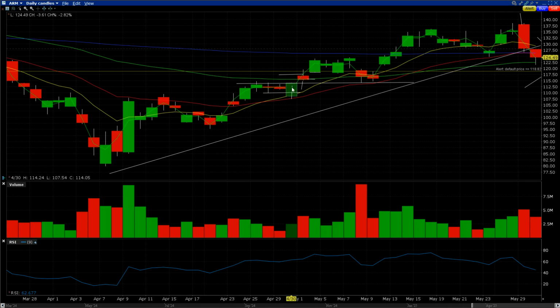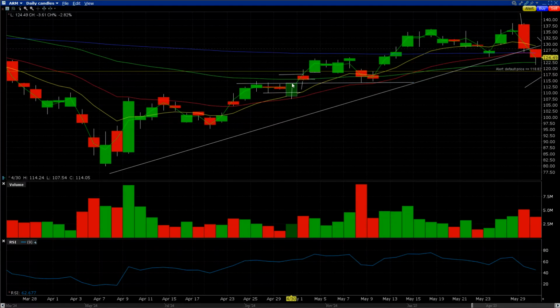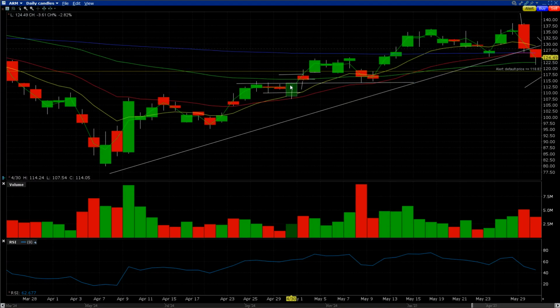If this goes above the 50 fib, I'm willing to take a trade on this stock, because that's a failed breakdown, which is important in itself. It created an outside bar. To me, outside bar up, my lean is always going to be upside. It's a trap. It's an upside bar.